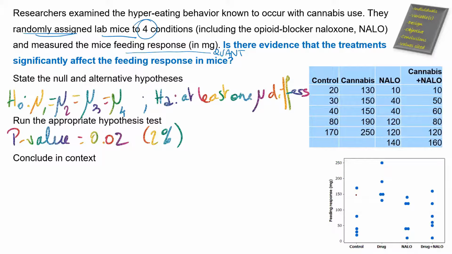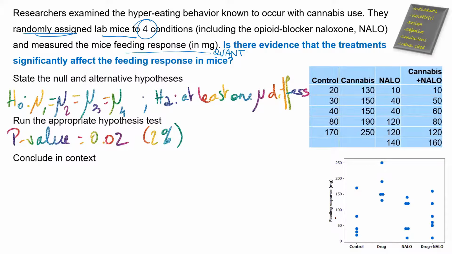We don't have evidence of extreme skew. We have a total sample size of 22 with either equal or near equal sample sizes. So that's probably okay. We're maybe pushing our luck a little bit, but that's probably fine. And then we checked that the standard deviations were similar enough. So ANOVA is most likely okay here.